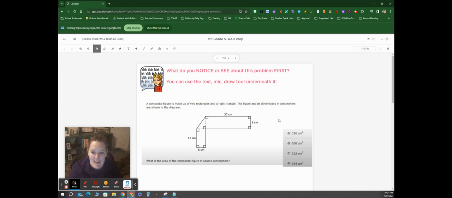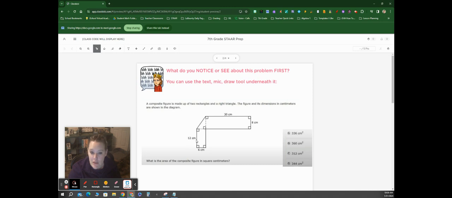In class, I'm going to suggest, and this is a test taking strategy, always take a look at the problem and make observations. Notice things. So I highly recommend, I'm going to pause this recording and I want you to notice and make some observations. So, for example, I'm noticing that there's a rectangle right here.